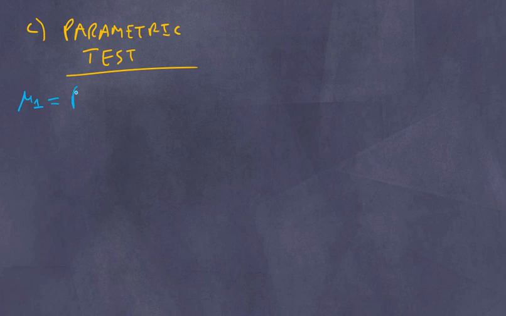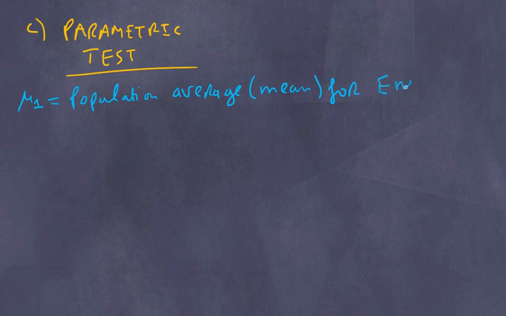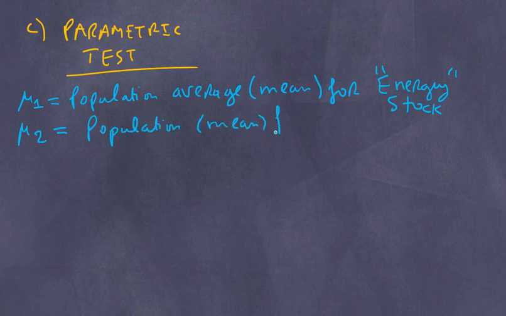let mu1 be the population average or mean for the energy stock, and mu2 the population average for the financial stock, right?